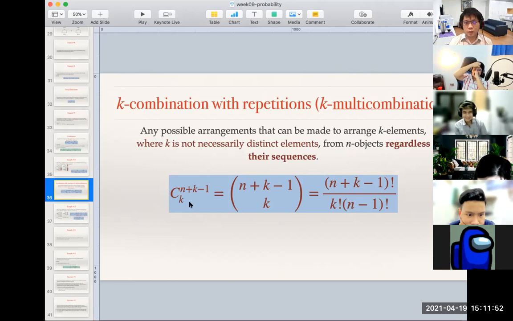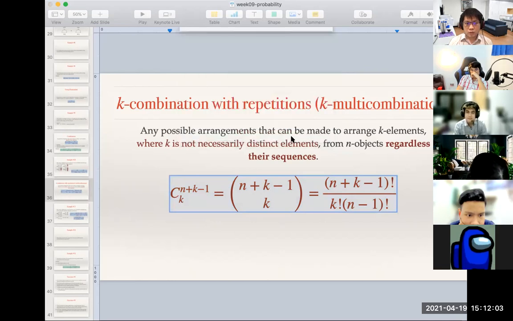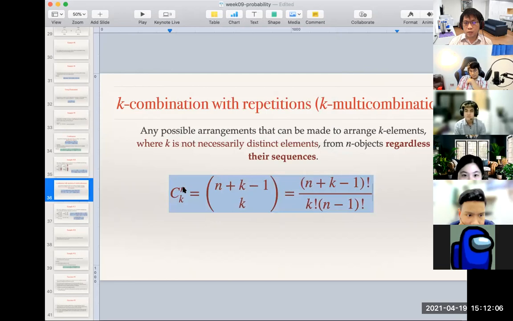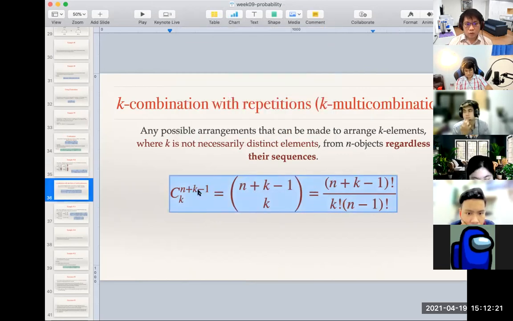In this case, the formula is as follows. The normal formula of combinations is only the k combinations of n. But since you should also consider repeatable elements, the overall number of sets will increase by k minus 1, based on the number of k elements you want to arrange.